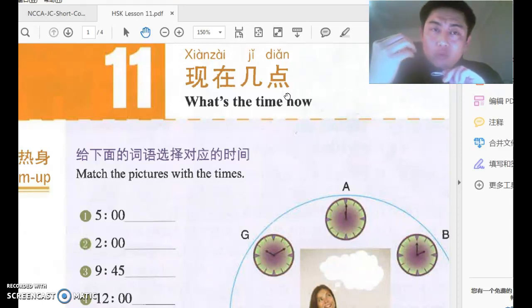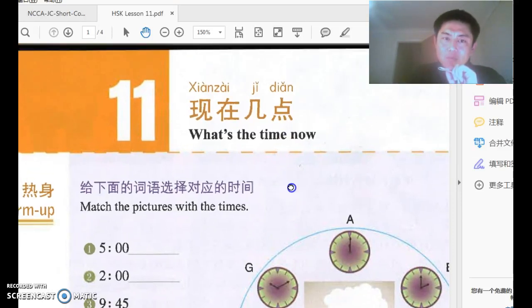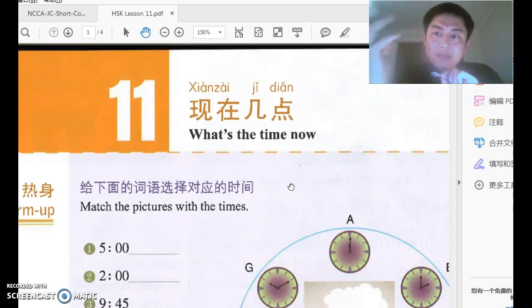Whenever we want to question a number, we replace the number with the word for how many, which is 几. But you can say 什么时候. 什么 is what, 时候 is time, to question the time. That would be closer to the English word when. This is more general than what time, if I made that clear.